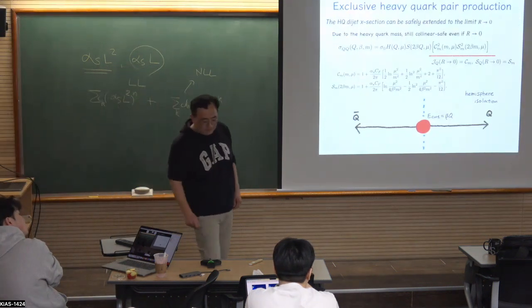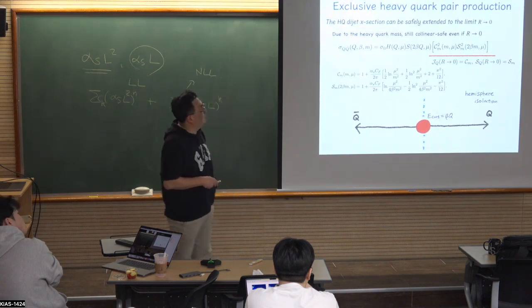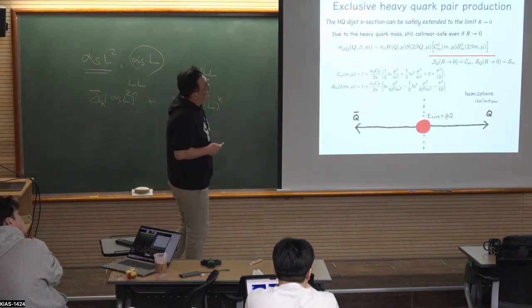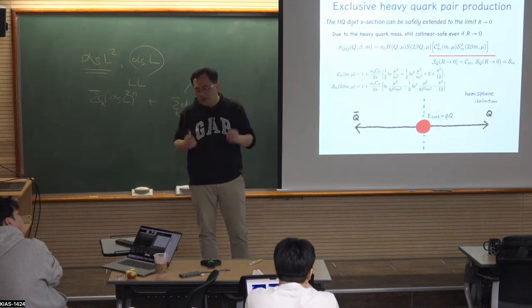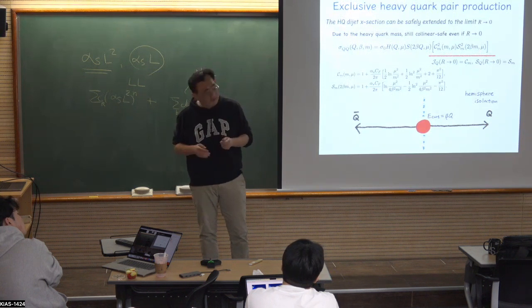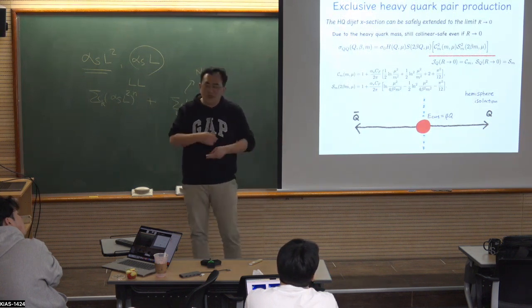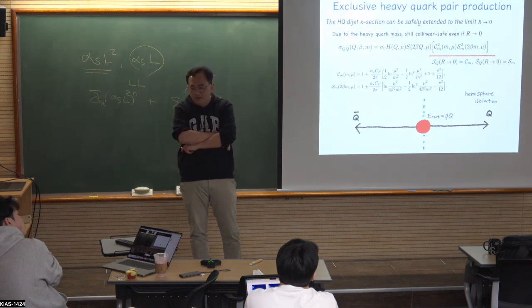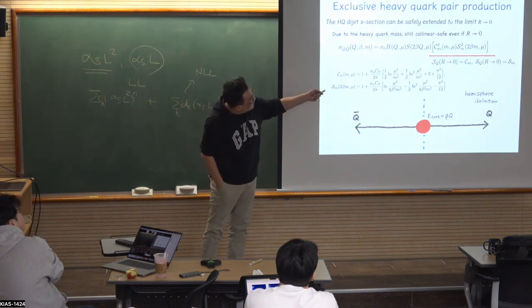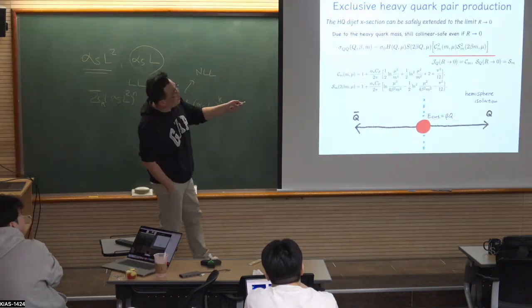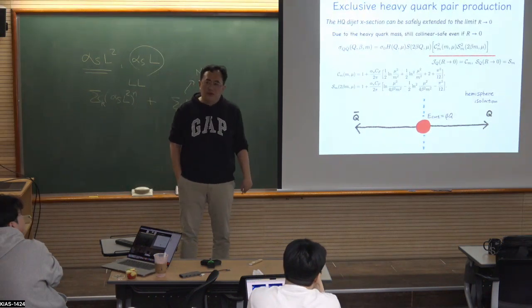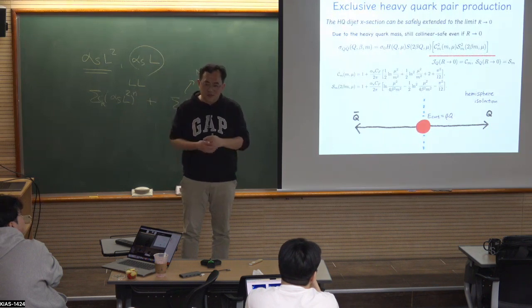Maybe it will be helpful for your question. Previously we considered the exclusive heavy quark dijet scattering cross section, and now we can consider the exclusive heavy quark pair production, taking the limit R goes to 0. Even as we consider the limit R goes to 0, the dijet scattering cross section is collinear safe, I mean IR safe.